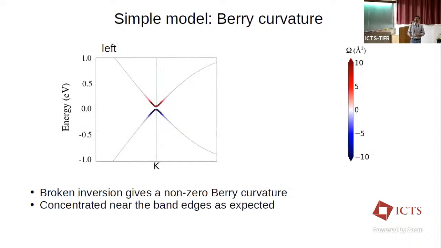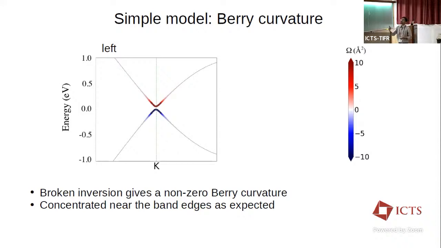Okay, so we can go ahead and actually calculate the Berry curvature and see what happens. It's a very simple two-band model, so we can do this analytically. Here I show you, as a function of energy, the band structure around one of the high symmetry points, and superimposed on top is the Berry curvature. Blue means negative, red means positive, and so on.